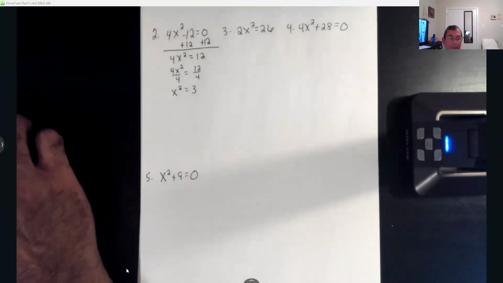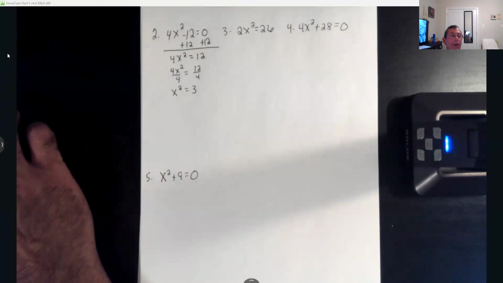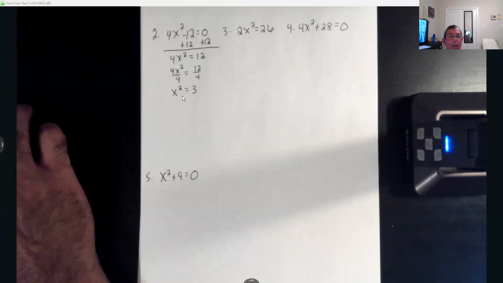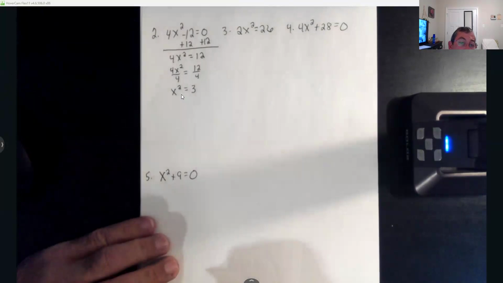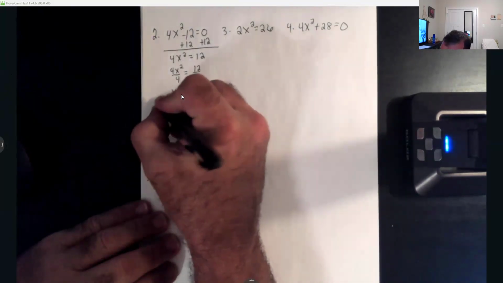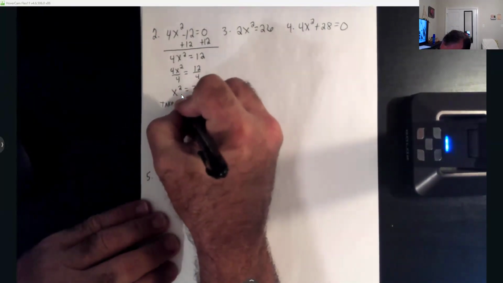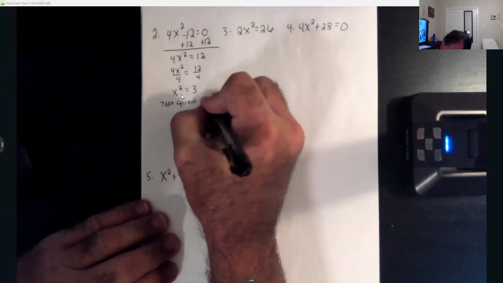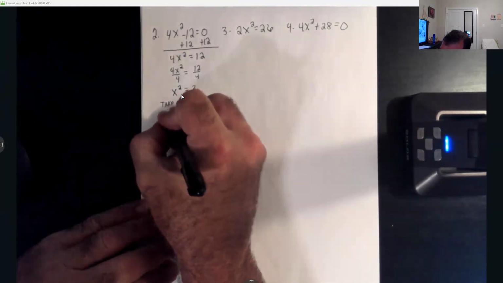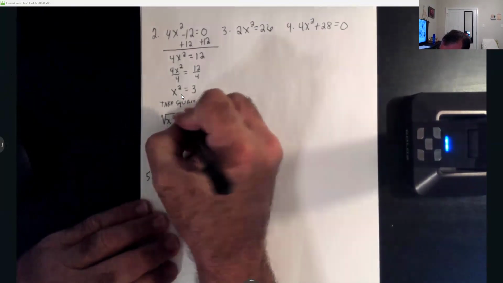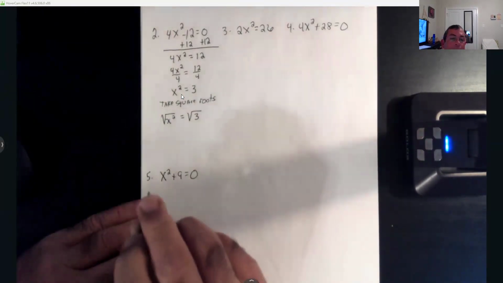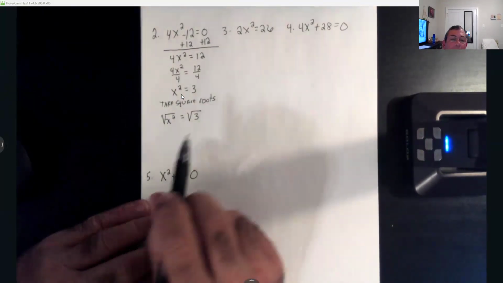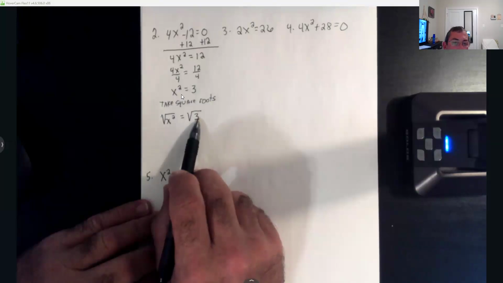So now, what can I do to turn an x squared into an x? Well, we're going to use what we call the square root property. So we're going to take square roots of both sides. So I'm going to do the square root of x squared will equal the square root of 3. Now, here's the thing.